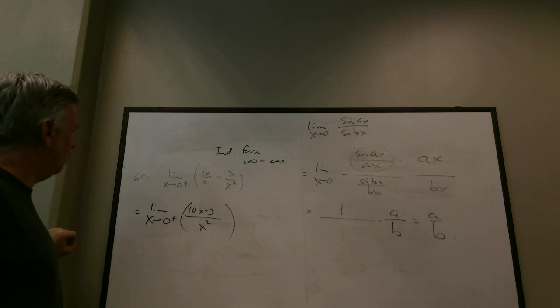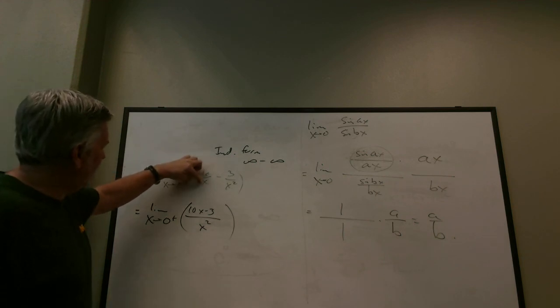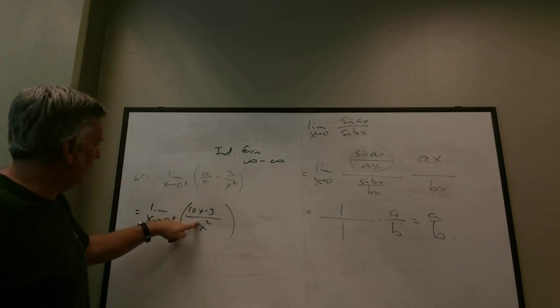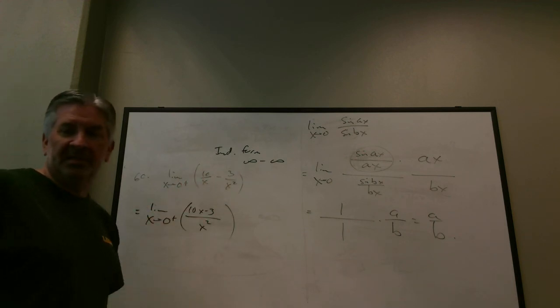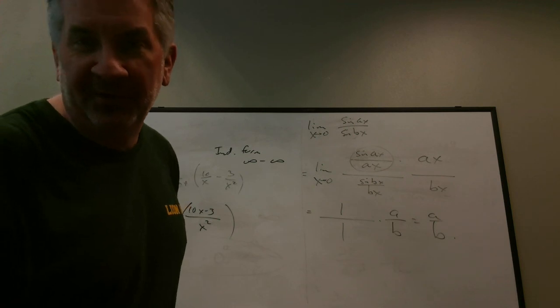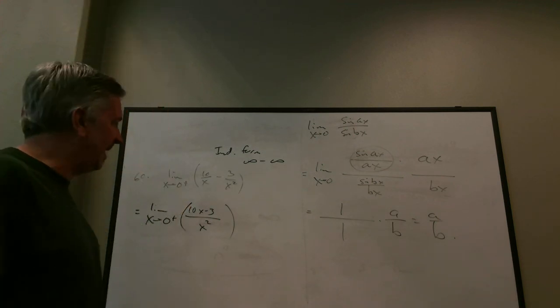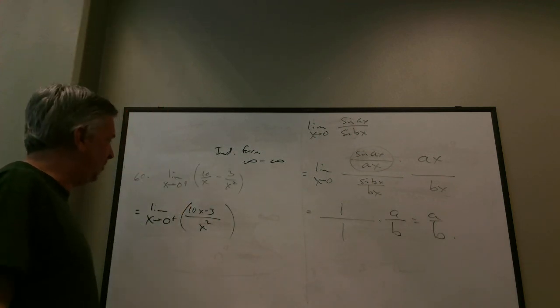That still doesn't fit L'Hopital's rule, does it? But that's okay. Multiply by x over x, you'll get 10x over x squared, combine the fractions. Notice it doesn't say use L'Hopital's rule to find the limit. It says evaluate the limit. I just assumed it was going to be a L'Hopital's rule problem.